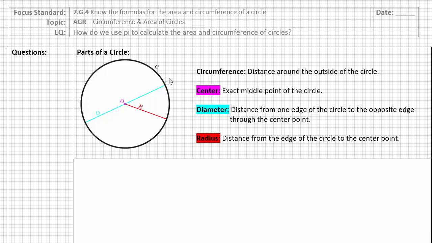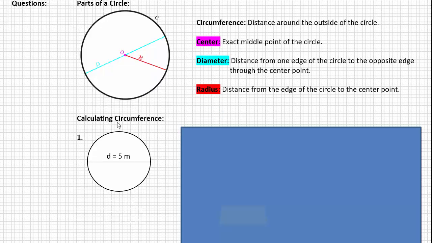Now that we've reviewed the parts of a circle, let's jump into calculating the circumference of a circle. If we are calculating the circumference, we're using either the measurement of the diameter or the radius to determine the distance around the outside edge of the circle.